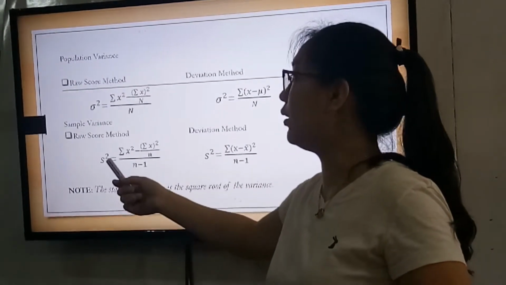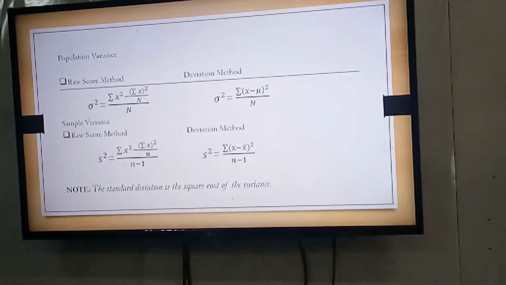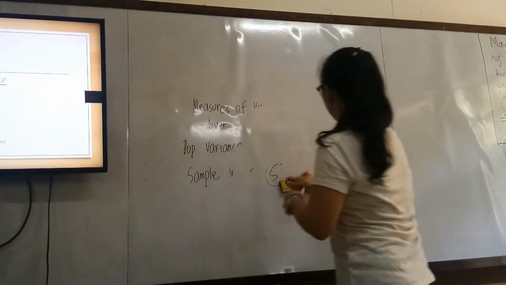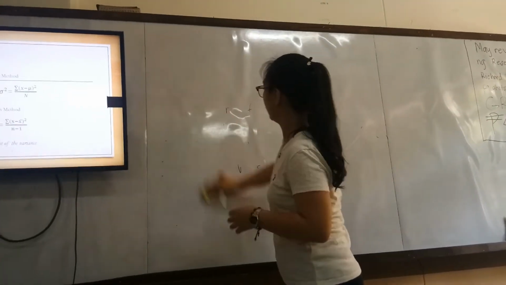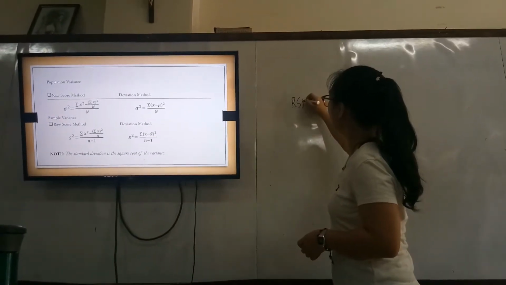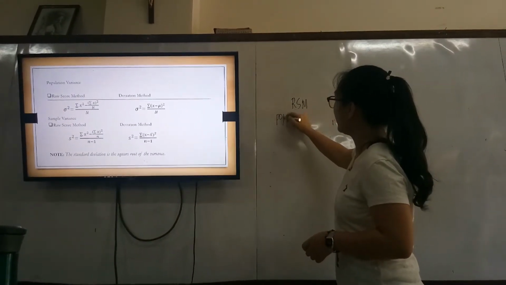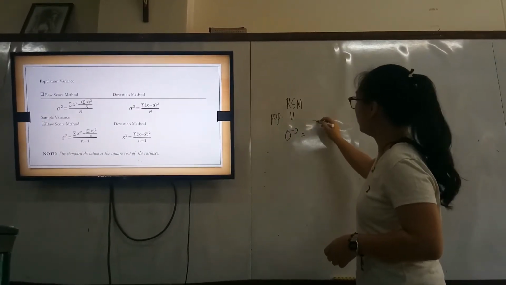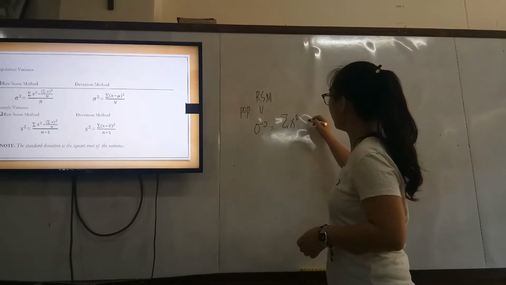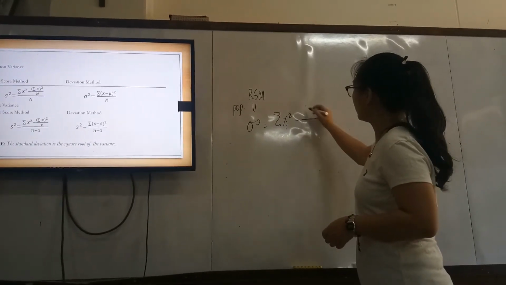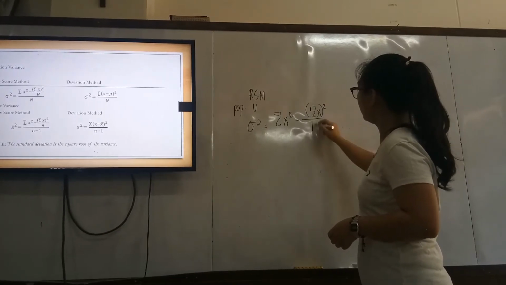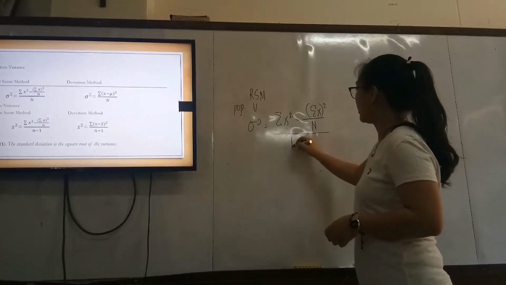Again, we're going to focus on your population variance. Sige, dalawa na lang sila. Sulat ko na lang ng formula. Okay. Raw score method for your population variance: sigma squared is equal to summation of x squared minus summation of x, squared, over n.